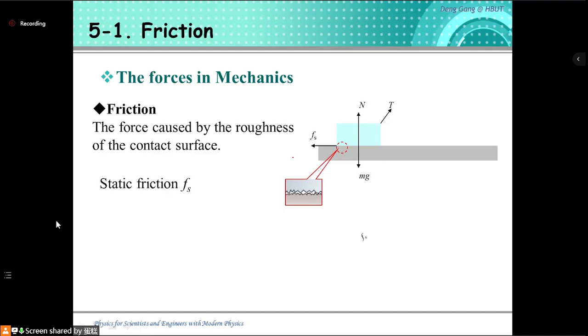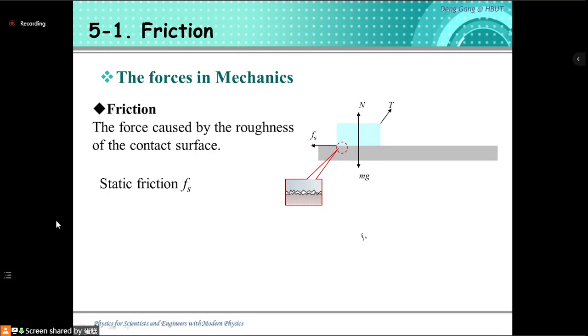So friction, if this force is very small, it will not move. It will not move, but there is still friction. So this is called static friction.